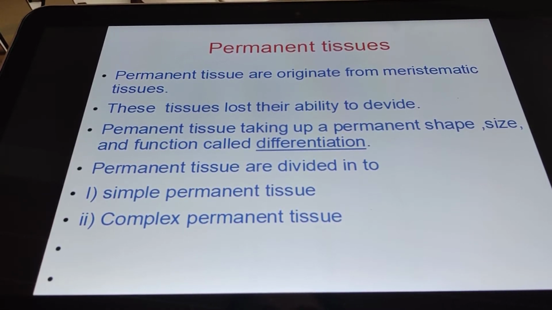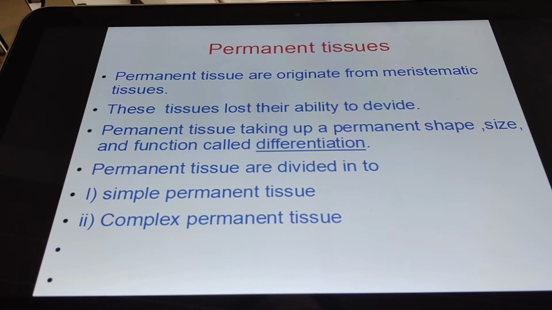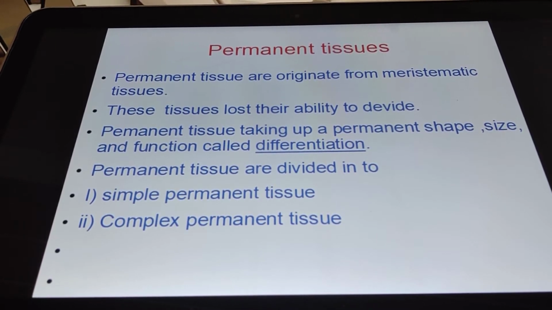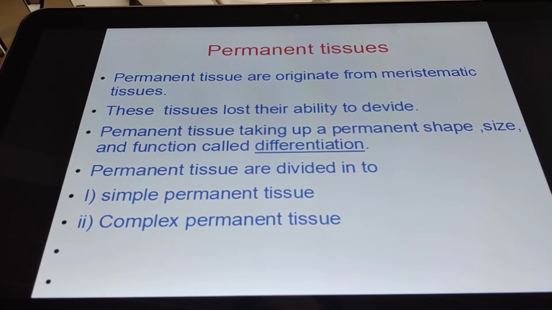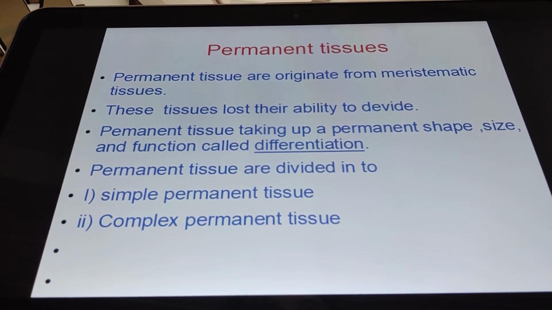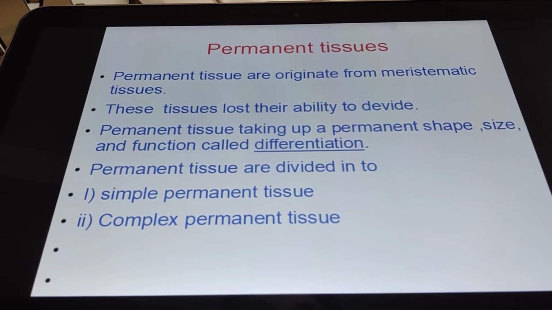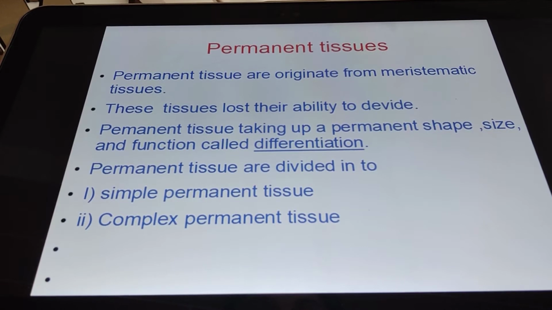We had started the chapter Tissues, in which we have been discussing plant tissue. As we have already discussed, plant tissues are broadly categorized into two: meristematic tissues and permanent tissues.